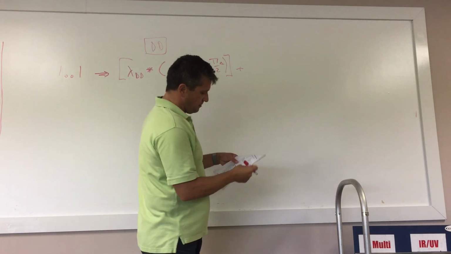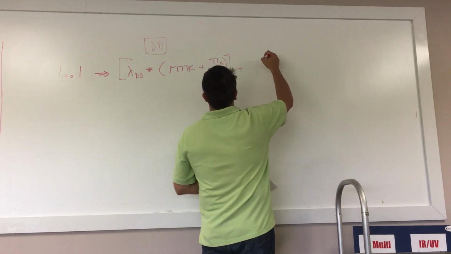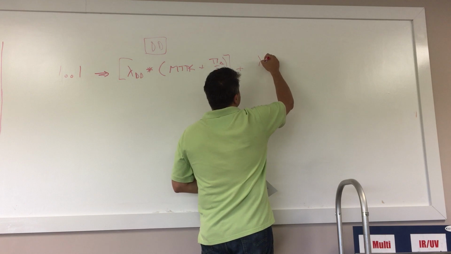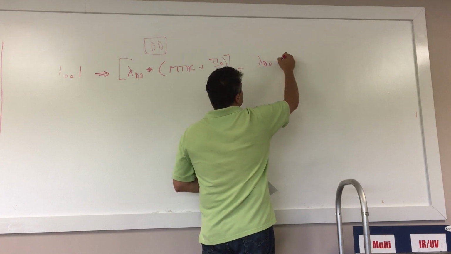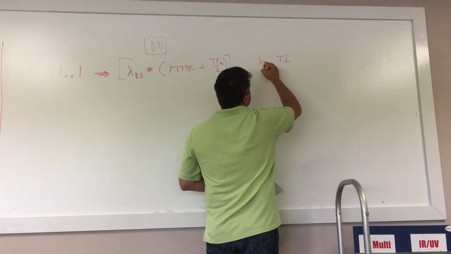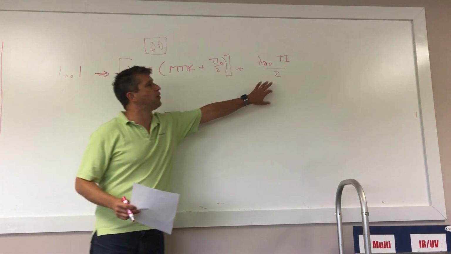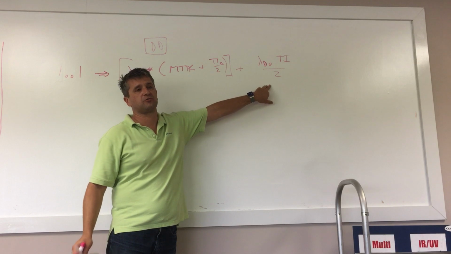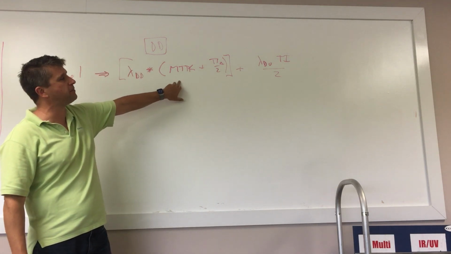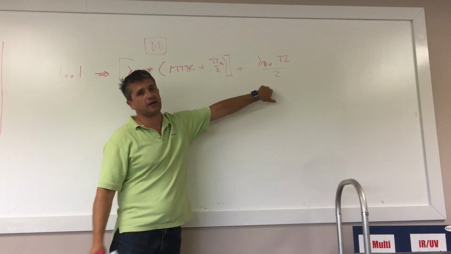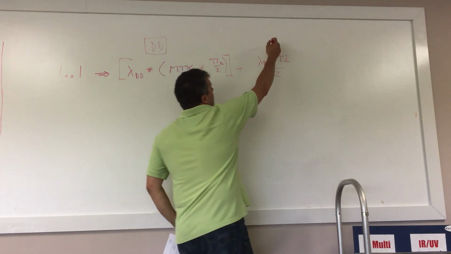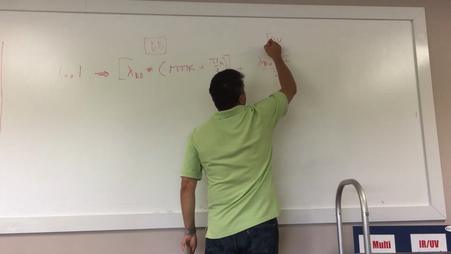The next term is the DU term. So this is going to be lambda DU times the test interval over 2. This is a standard unreliability. So 2 different terms, unavailability, unreliability. I'll also call this the DU term.